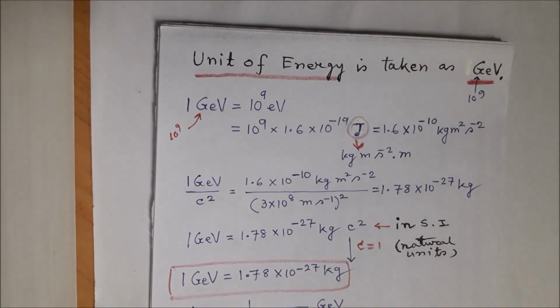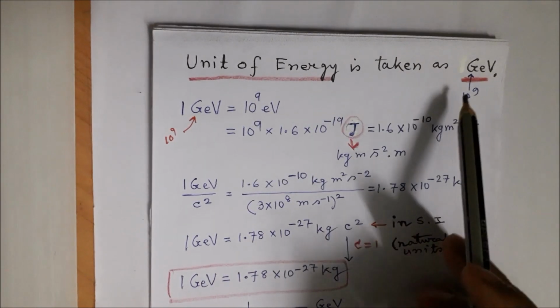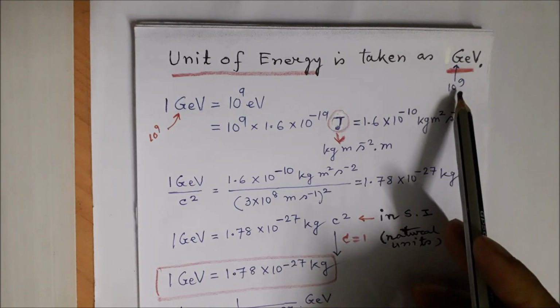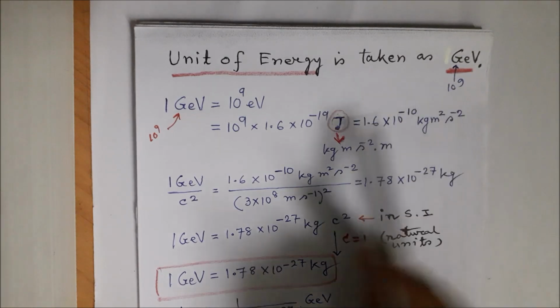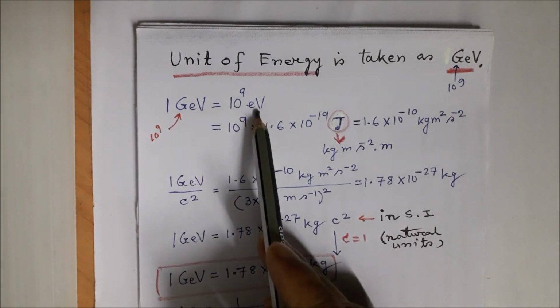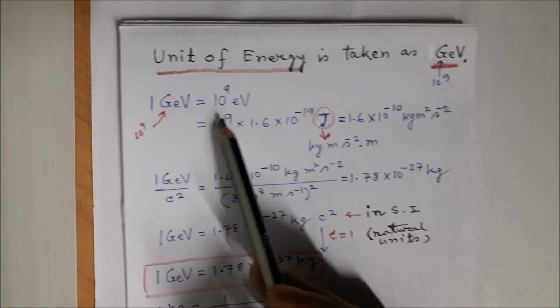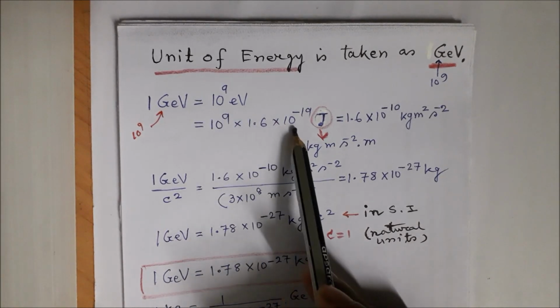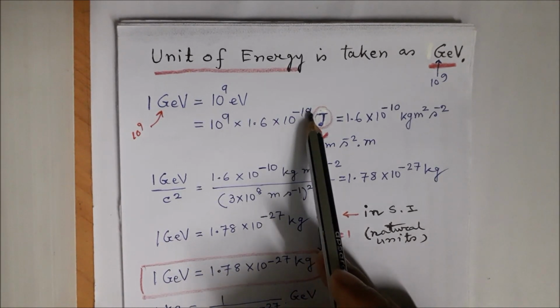So let us re-emphasize that the unit of energy is taken as GeV, where G is 10 raised to the power 9. So 1 GeV is 10^9 eV, and 1 eV is equal to 1.6 × 10^-19 joules.